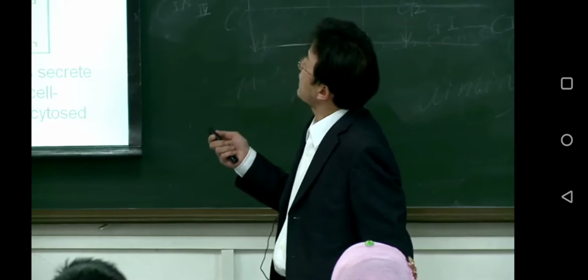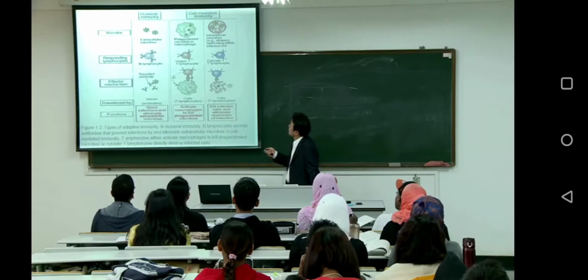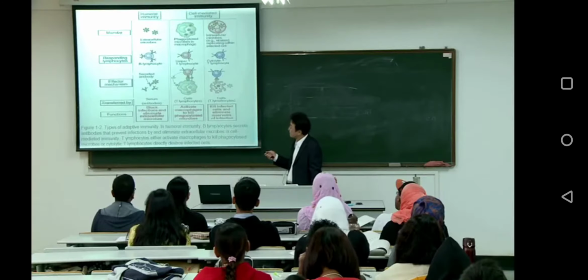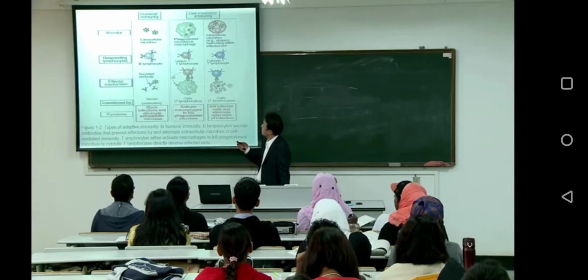So activated T lymphocyte produce cytokine, further activate macrophage. And the macrophage is one of the APC. They present antigen for T lymphocyte. And also, there is the T cell receptor.